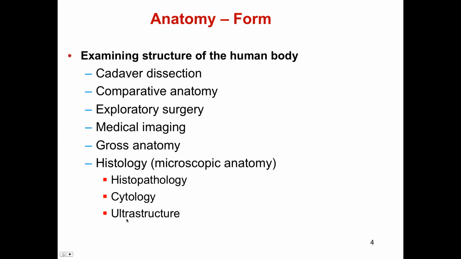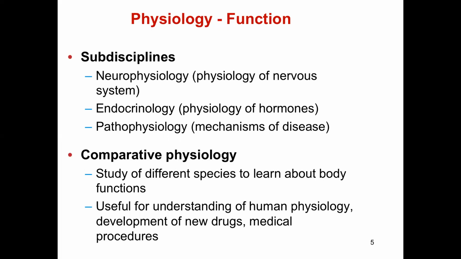Now, in anatomy and physiology, the reason you take them both is because form and function are related, okay? So physiology is a study of function. There are a lot of subdisciplines in this because it's quite complicated, so people get very specialized in their particular ologies.